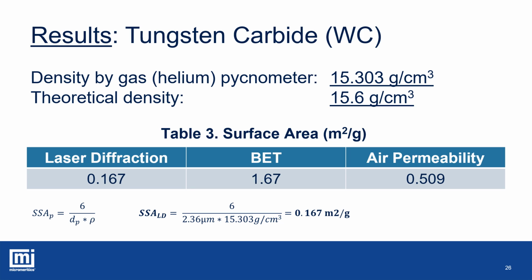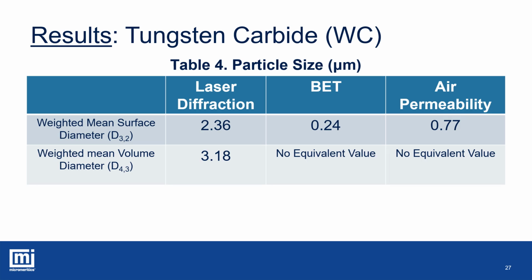We also reported the particle size results, again using the weighted mean surface diameter, D32, to compare the different size results. We see the same type of relationship that we saw with the surface area. The volume diameter, D43, from laser diffraction was, of course, a little bit higher. There's no equivalent values from BET and air permeability.